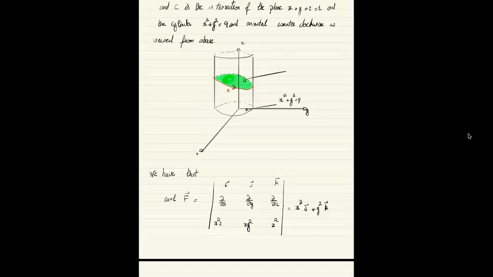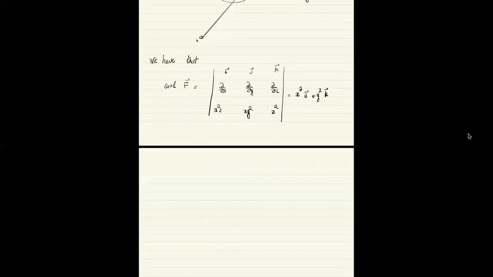Now, what is the other ingredient you need to know if you want to compute the surface integral? Now, this is the intersection of the plane with the cylinder. So actually this surface is just a part of the plane, right? Now the equation of the plane is x plus y plus z is equal to 1, right?